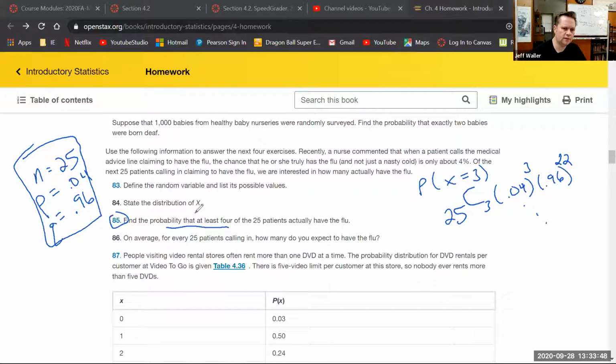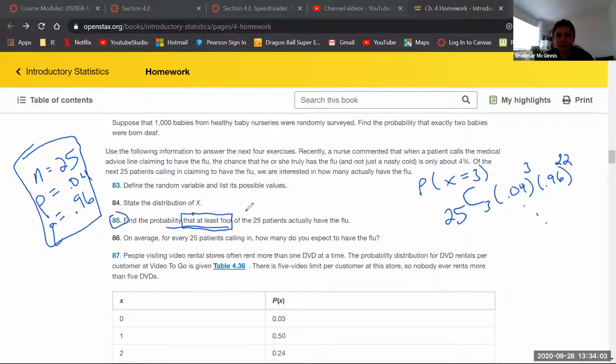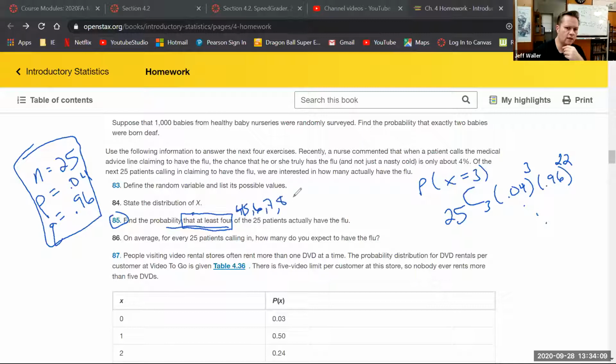This one says at least 4. What does at least 4 mean? Four or more? Yes. So it'll be 4, 5, 6, 7, 8, 9.